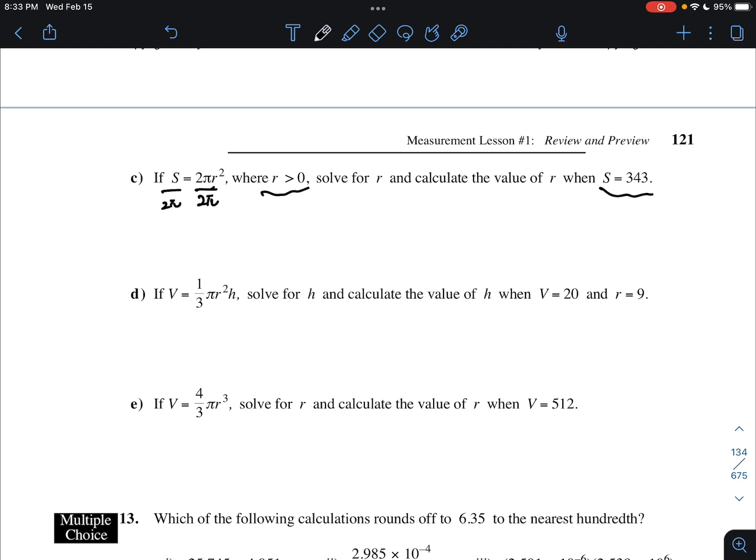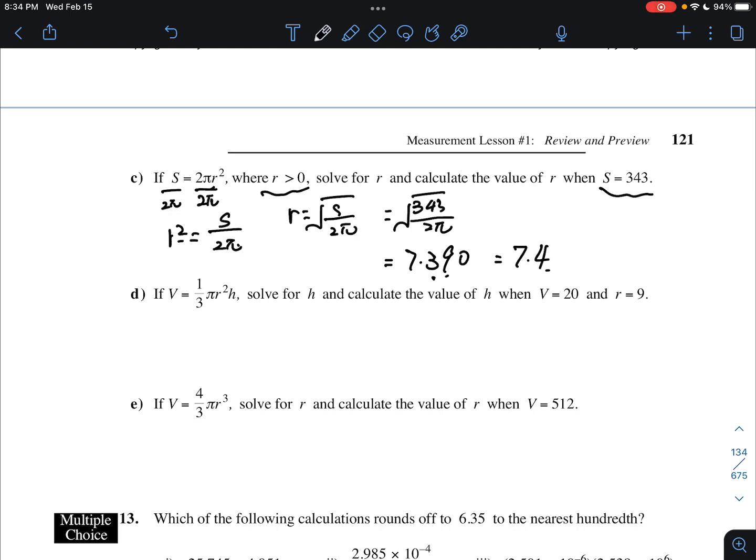And then we can rewrite it as R squared equals S divided by 2 pi, and this one is squared, so we need to change it into R equals square root of S divided by 2 pi, and then we put the S value in the equation, and use your calculator, you can find it 790, and we need the tens, and 9 is 5 or more, so it's 7.4.